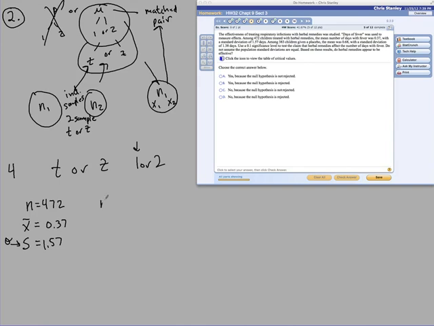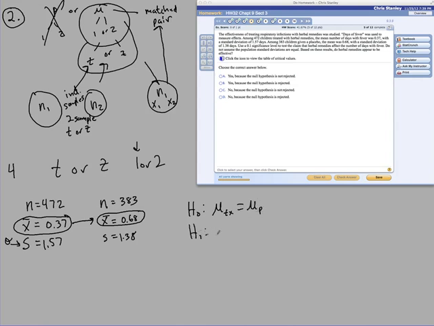Okay, so the second sample, they went ahead and did 383. Okay, and they didn't give them anything. Okay, and they got better in 0.68 days with a standard deviation of 1.37. And the question is was the number of days here statistically significantly less than the number of days that got better here? So the null in this case, mu treatment is equal to placebo.